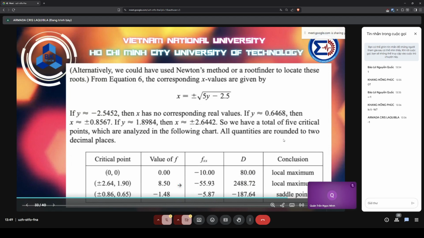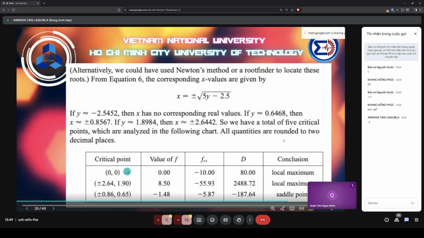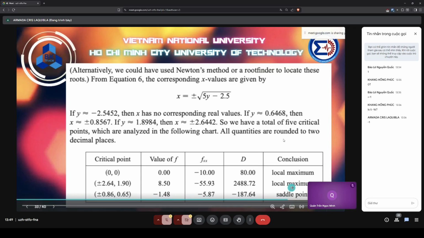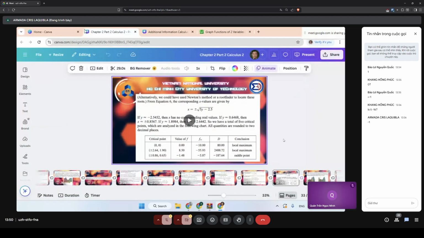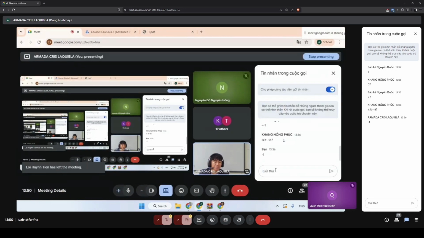Now the question, what is the absolute maximum? Can you type that in the chat box? We have here two local maximum, and you can see which is higher. So what is the absolute maximum value?